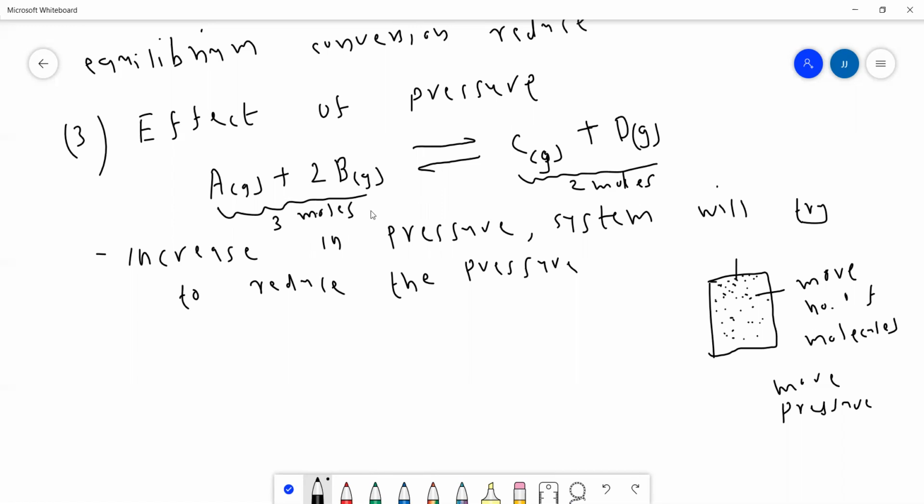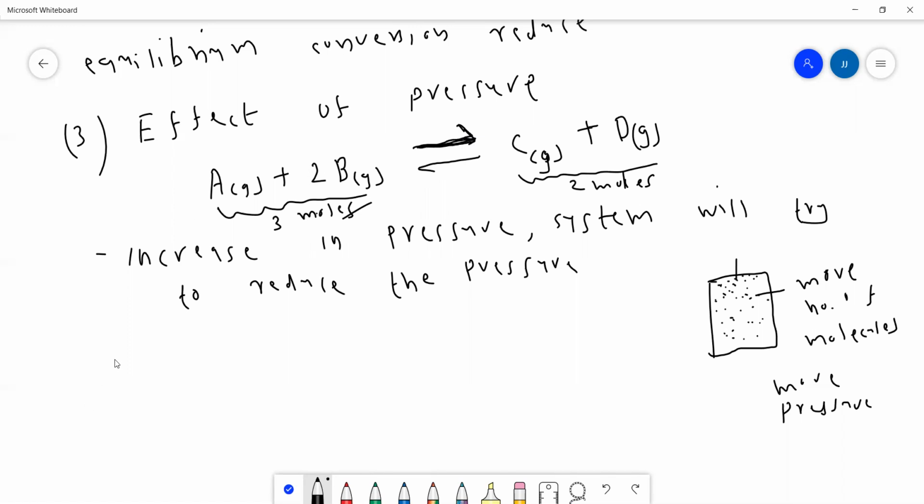So the system will try to reduce the pressure, and more of this product will form to reduce the pressure. So the equilibrium will shift in the forward direction.